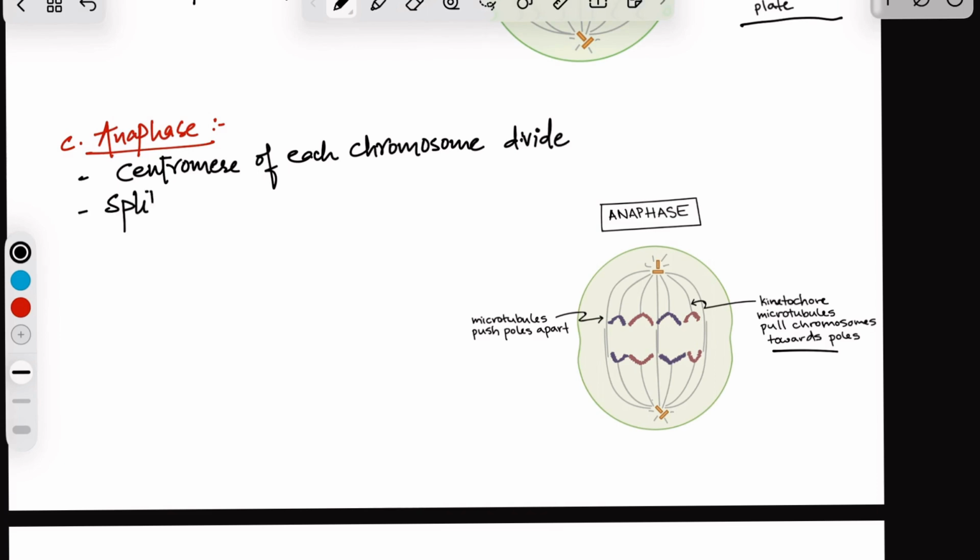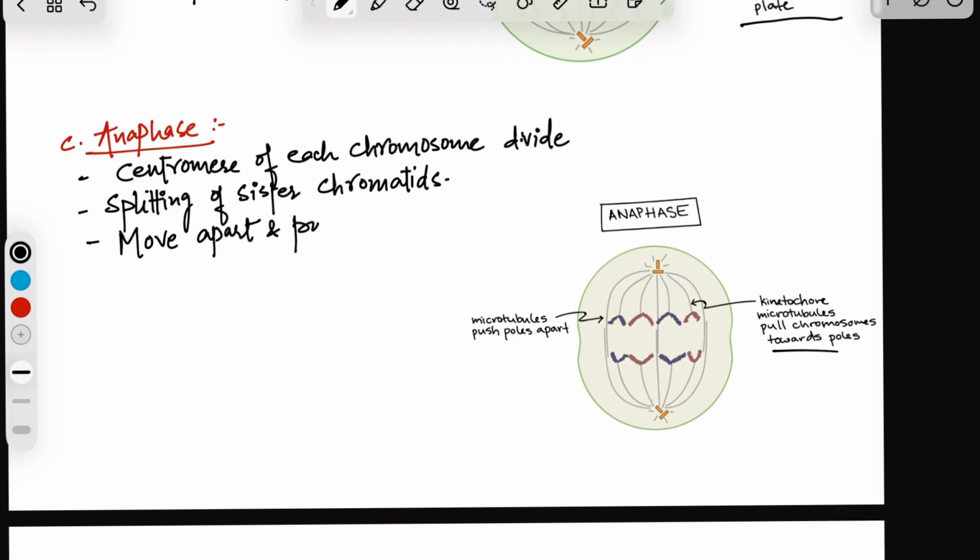Here the centromere which was present in the middle divides and daughter chromosomes are formed by splitting of sister chromatids. Daughter chromosomes move apart and are pulled towards the poles of the spindle.